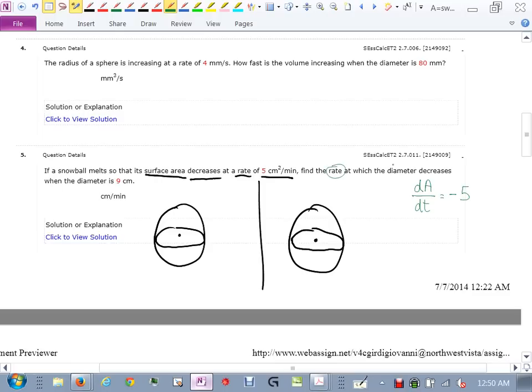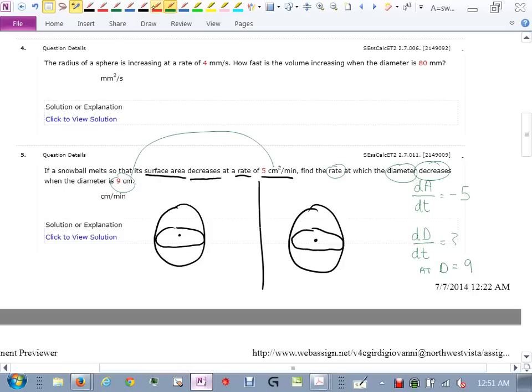Find the rate at which the diameter gets smaller. So I want the D, capital D for diameter. I want to know that at exactly the moment that the diameter is 9 centimeters. I also double checked that my units were all the same.